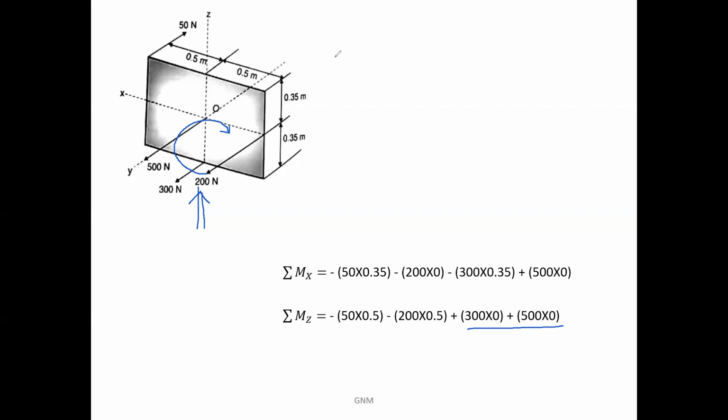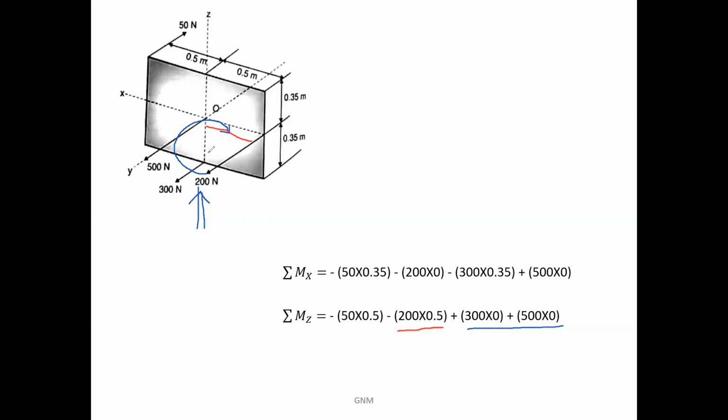From the z-axis, the 200 Newton force is acting at this much distance and it is given 0.5 meter. So 200 into 0.5 meter, and nature of the rotation is clockwise. That's why negative sign for the moment.